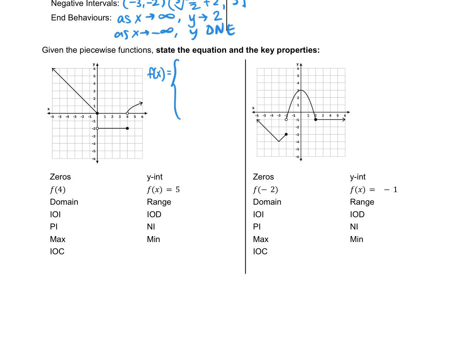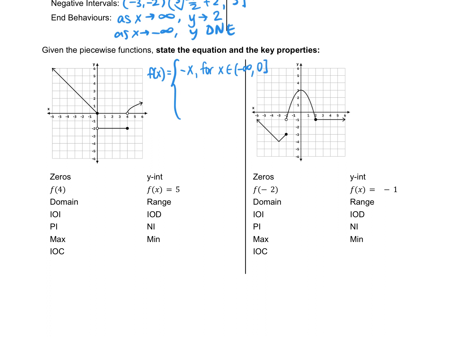For my first line, the slope is once again down 1 to the right 1. It's a negative slope, so negative x, and the y-intercept we can clearly see is the origin, so just negative x. Technically negative x plus 0, but unnecessary. And that's for x belonging to negative infinity all the way to 0, 0 included.